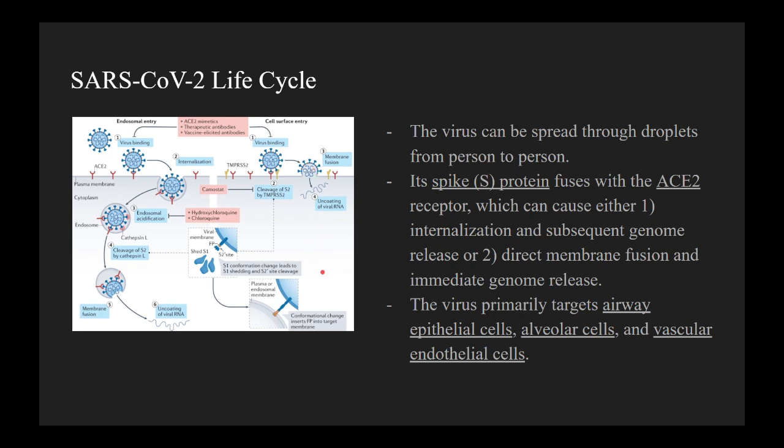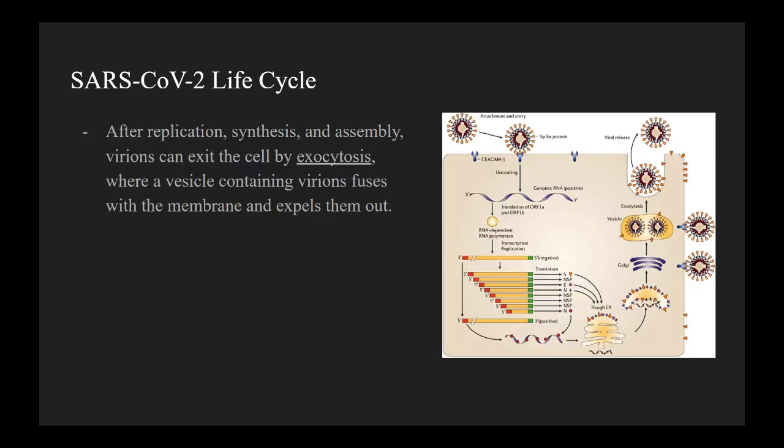It specifically targets airway epithelial cells, such as those in your trachea, the alveolar cells in the lungs, and the vascular endothelial cells, which line the inside of your blood vessels.